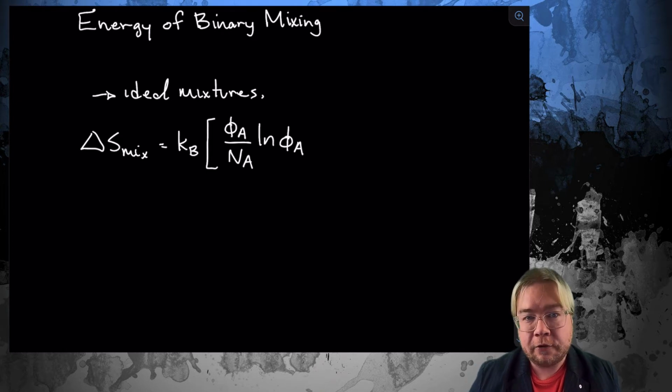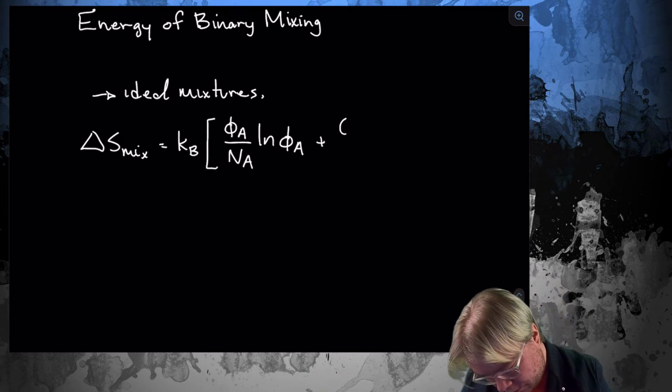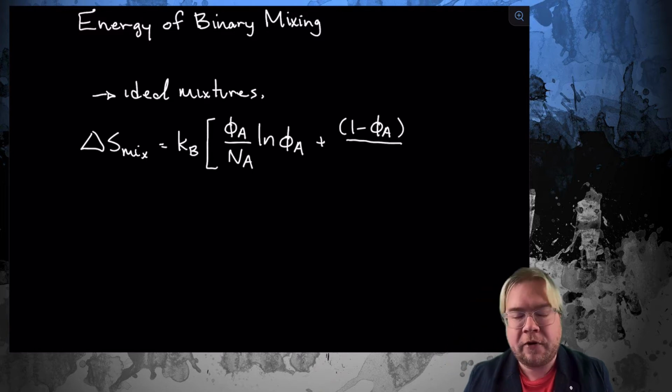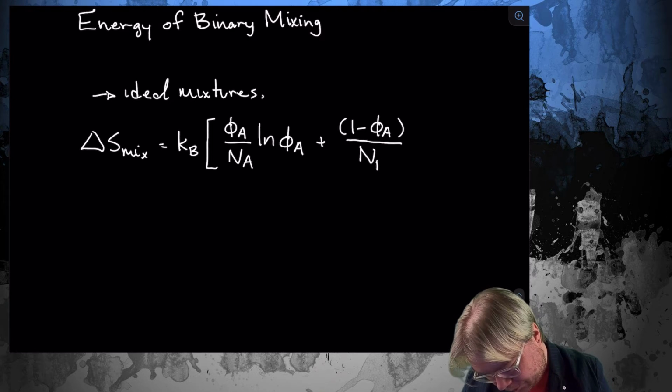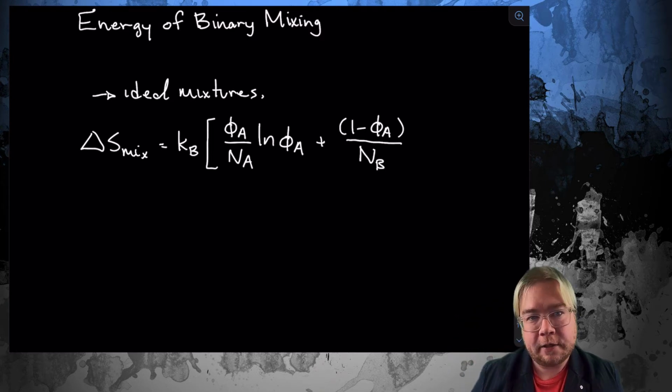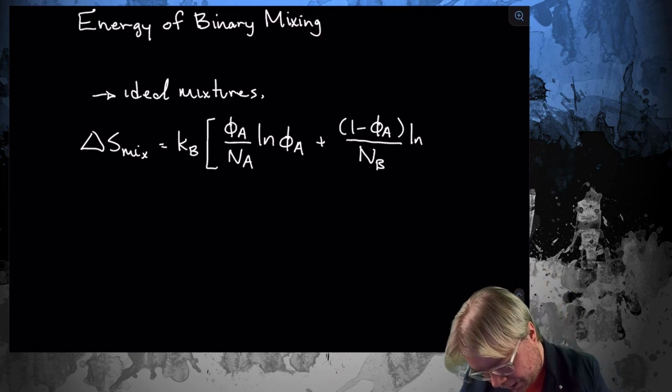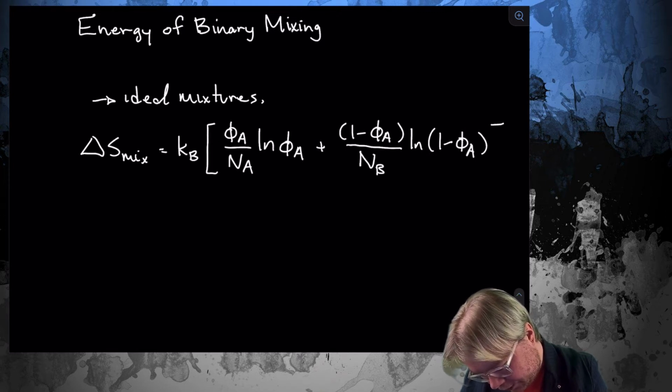And then we just had the other component. So we had plus 1 minus phi A, because the sum of the volume fractions must be equal to 1. And that was divided by the degree of polymerization of the second component, and then multiplied by the natural logarithm of its volume fraction.